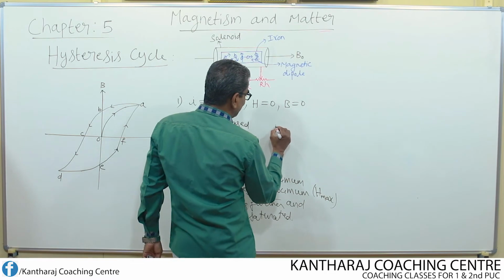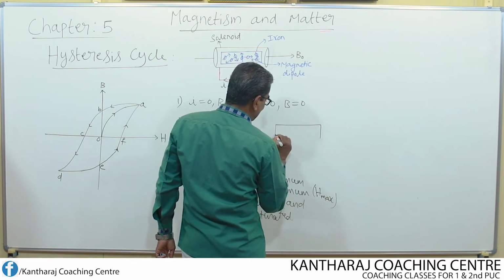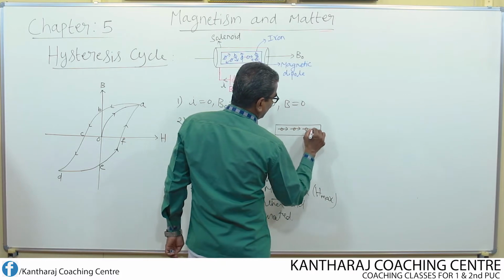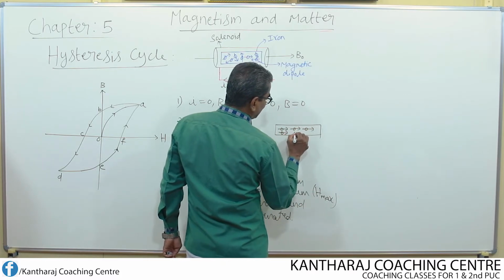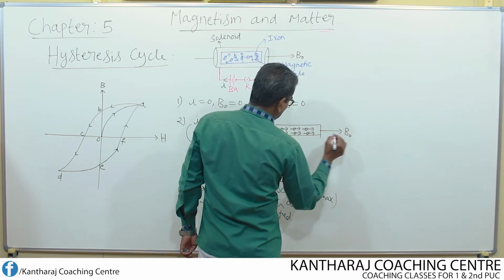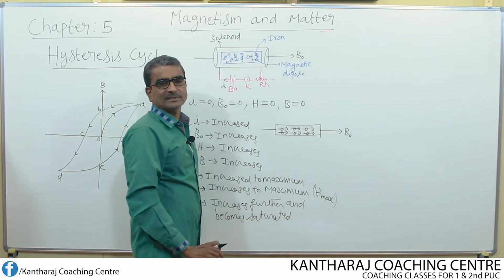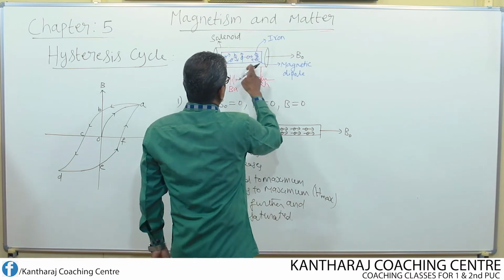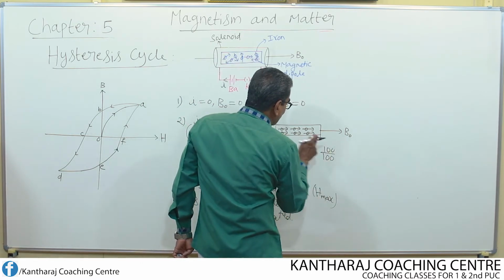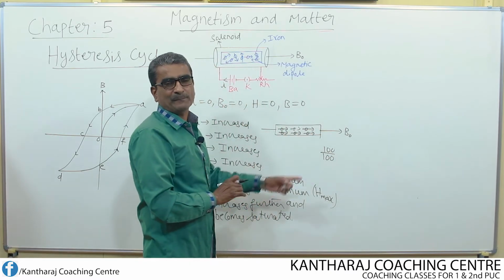Let us write one simple figure for the purpose of understanding this. Like this, all the dipoles orient themselves along the direction of the magnetizing field. Suppose there are 100 dipoles, all 100 dipoles orient in the direction of the magnetizing field.